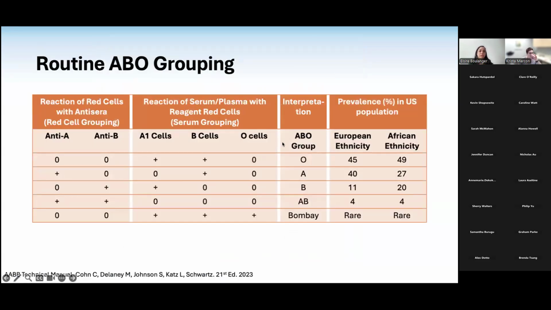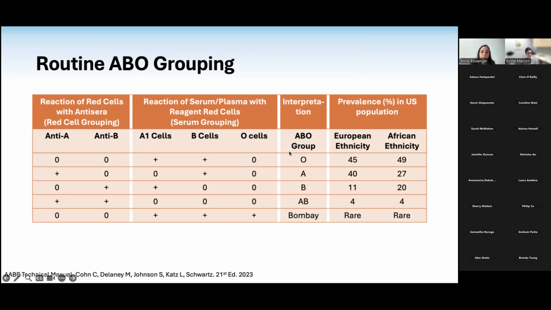Now, for the routine ABO grouping, we can be certain with these reactions what kind of blood type the patient will have. This is more or less what I was explaining. For the forward type, we will take the red cells of the patient and mix them with anti-A or anti-B. But for the reverse typing, we are going to get the plasma of the patient and see if the patient will have agglutination or not.